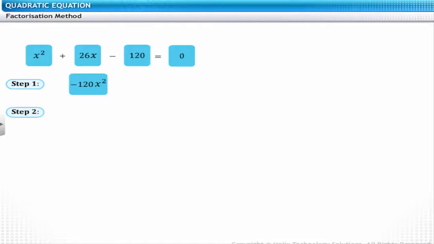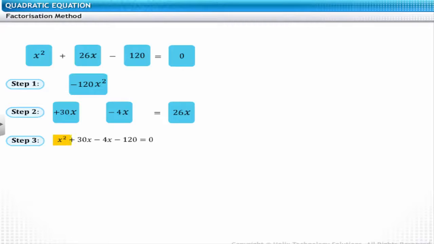Step 2. Find the factors of minus 120 x squared in such a way that when you add them, the sum or the difference is equal to the middle term 26x. In this case, the factors are 30x and minus 4x. Step 3. Take a common factor x from the first 2 terms and minus 4 from the last 2 terms.